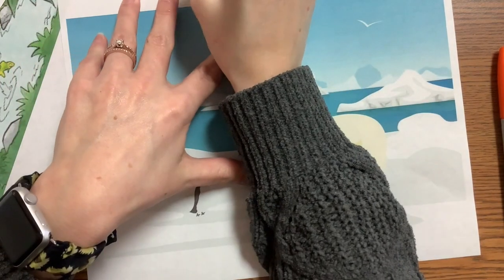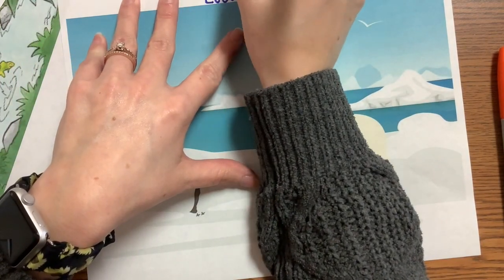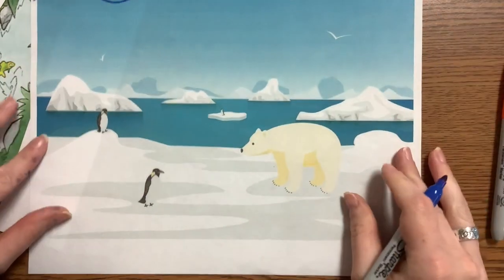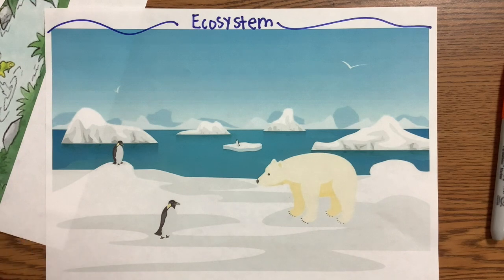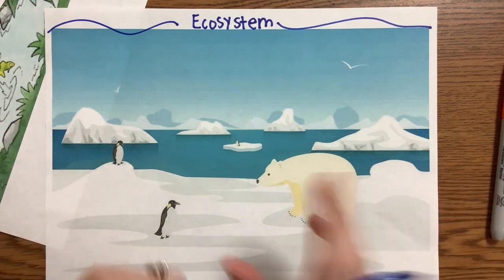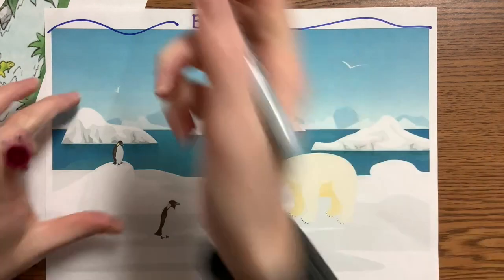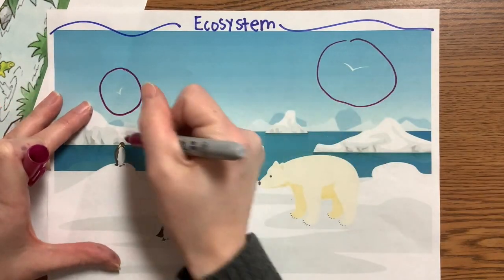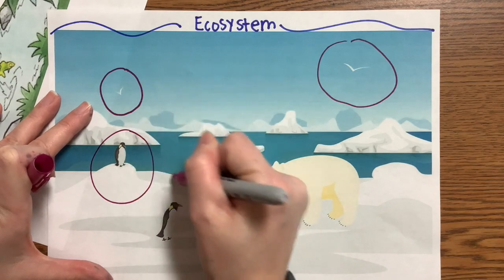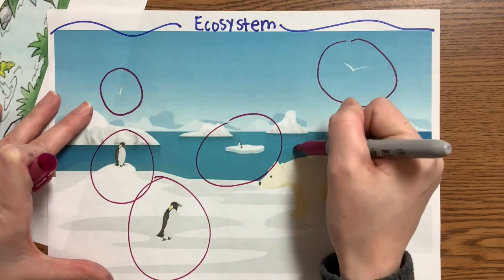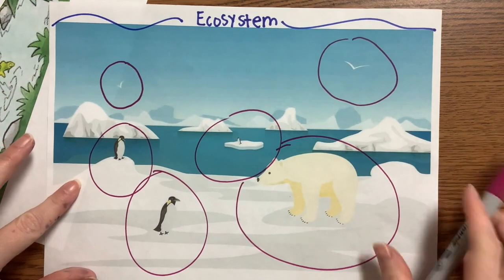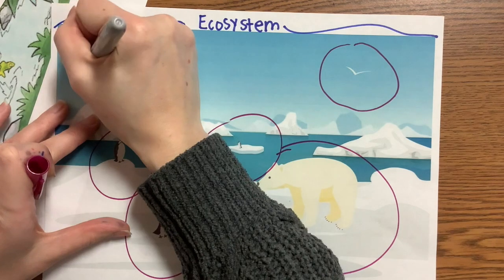So let's label this. This whole thing is an ecosystem. All the living and non-living things. What about the community? What's part of the community? The birds are part of the community. I'll circle the birds. The penguins. And the polar bear, because those are all the living things. I'm going to write community.